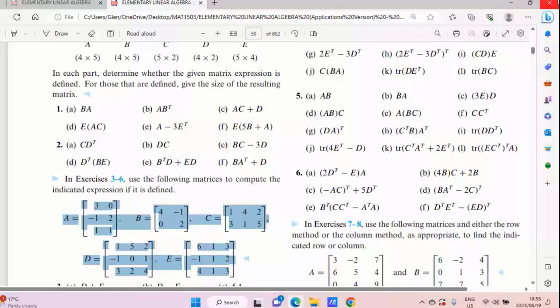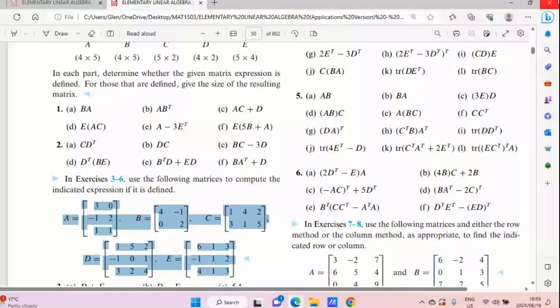Okay, let's do this. Please give us your matrix. What did you get? First row? I got negative 3, negative 5, negative 4.